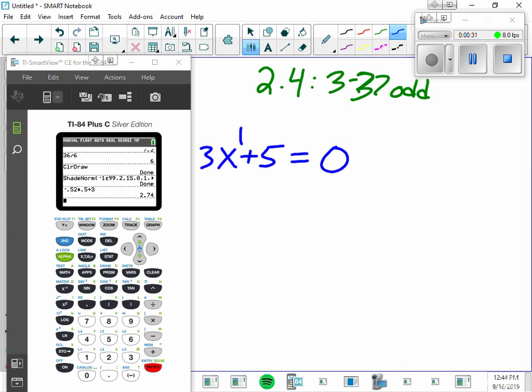And because it's x to the first, that means there's only one answer. To solve this, you would subtract 5, and 3x is equal to negative 5, and then you divide by 3, and x is equal to negative 5/3.